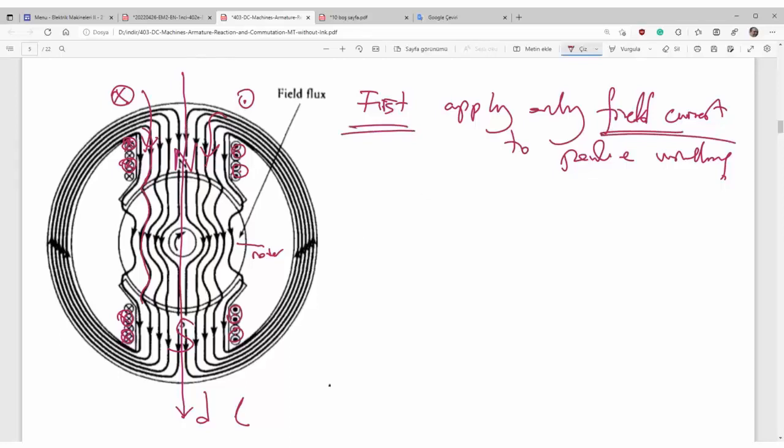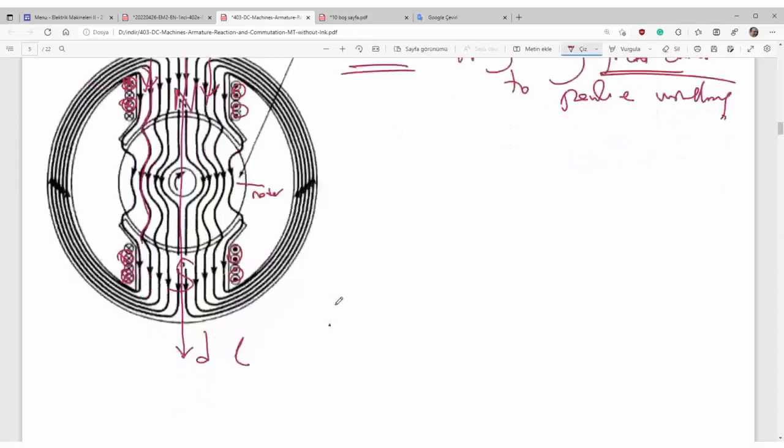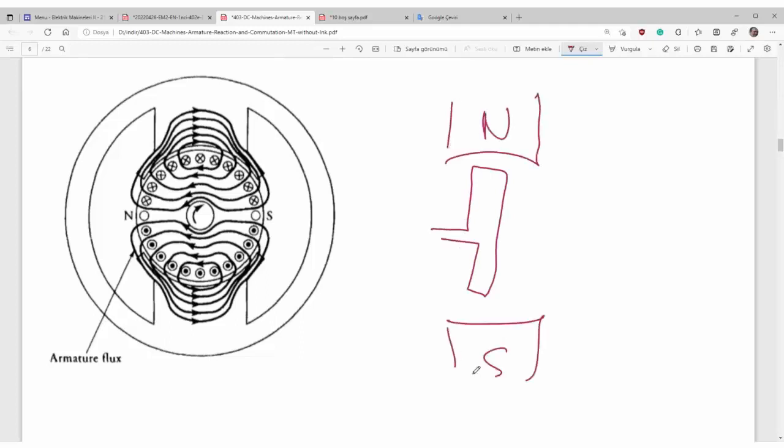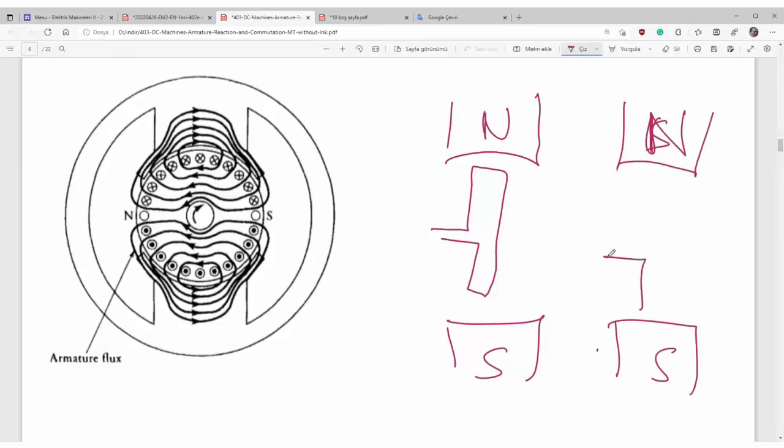And then let's talk about armature coils. I have told you earlier there were 2 coils between the magnetic poles N and S. There is no magnetic field yet. Just think of the things I have written on the right hand side. N and S. And here's the same coil in a horizontal position.